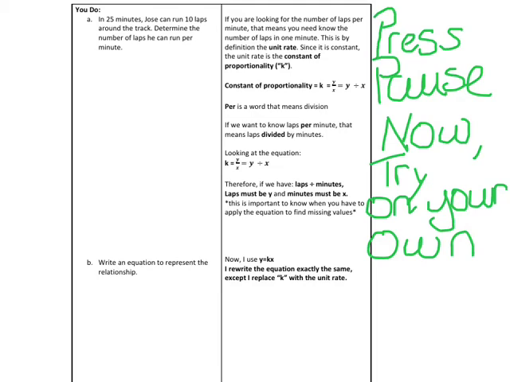Thank you for pausing to try this on your own. We know that we need to find laps per minute. That means we are saying laps per 1 minute. This means our y divided by x is laps divided by minutes.